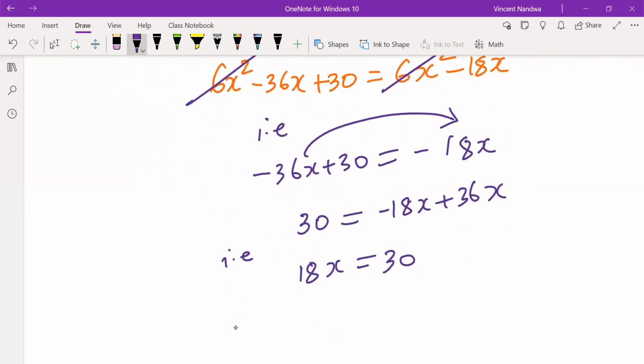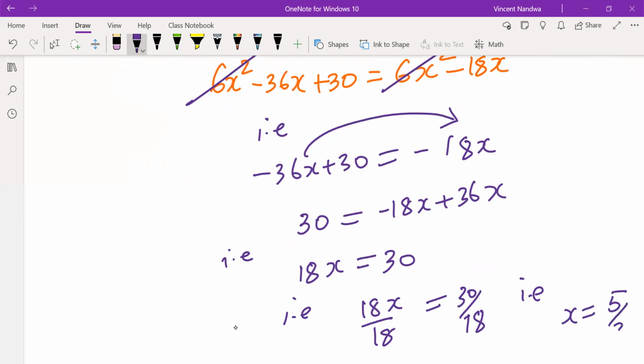So to get x, I divide through by 18. So x, 30 divided by 18 is 5 over 3, because 6 divides both 30 and 18. So that would be a solution to that given equation.